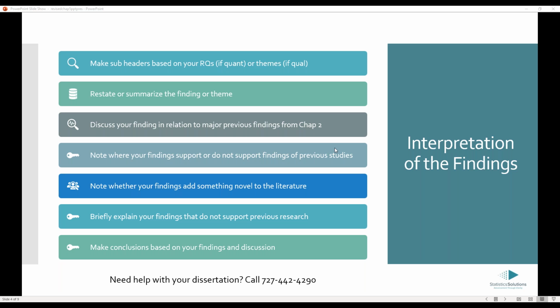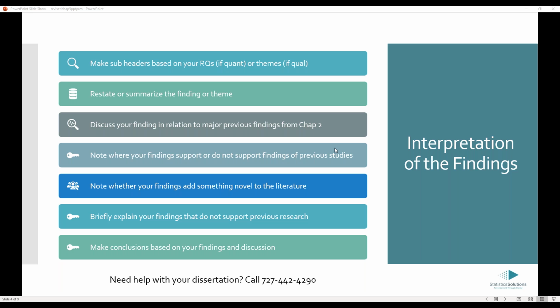Similar idea for qualitative, just base the subsections here on your themes. Lay out your first theme, summarize what you found, and then again, bring in some of the major research from Chapter 2 on the topic and start a discussion of where and how your findings support previous research and what that can tell us.